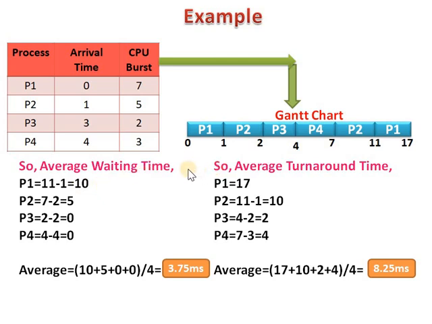Because P1 process is in waiting state until 11, because at 11 millisecond the P1 process started its execution. So here P1 is waiting for 11 millisecond, but minus 1. Why minus 1? Because the first time the P1 process is executed for 1 millisecond. So here 11 minus 1, that is 10.